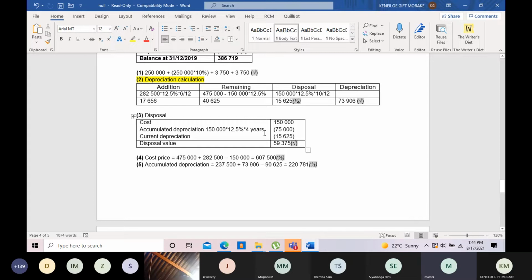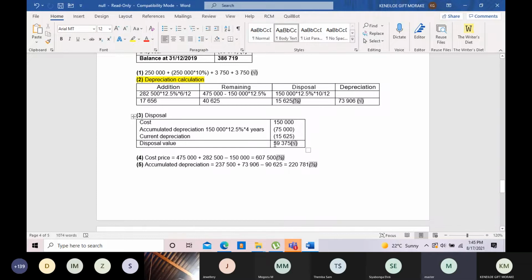Now the current depreciation: how much is it? You go back to this information here. For the disposal, the depreciation is 15,625.